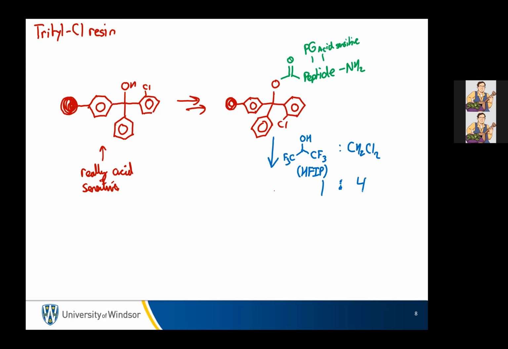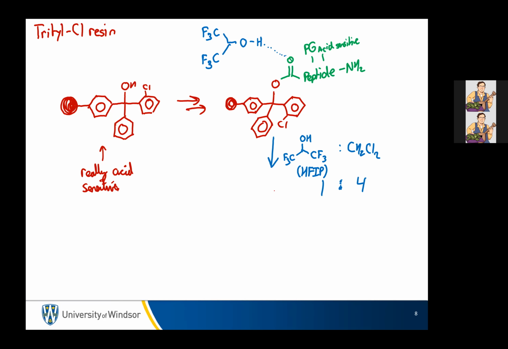And this isn't so much protonating the ester. It can't. It's not acidic enough. What it does is it has this hydrogen, how do I put it? Hydrogen bonds, I guess, is the true way of saying it. Very, very distant hydrogen bond.